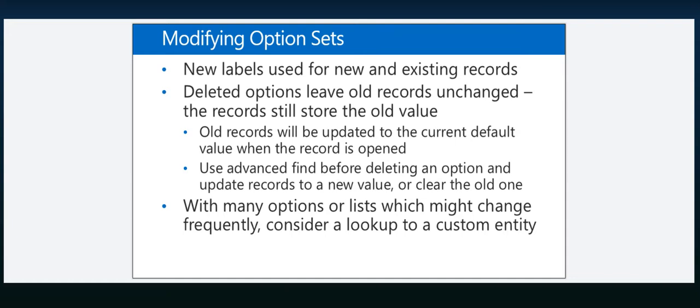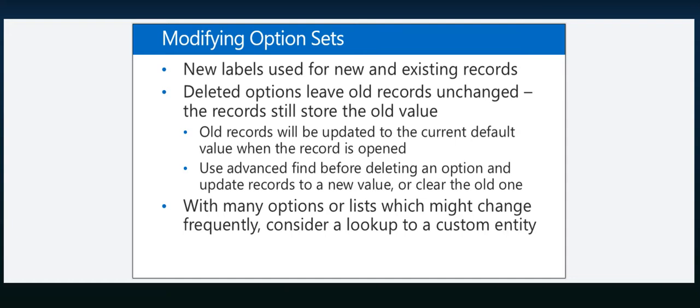So with all those options, you can also create a lookup to a custom entity instead, as opposed to using an option set, which is also a possibility. But that's only if you have a lot of options or a very long list where option sets might not be suitable.